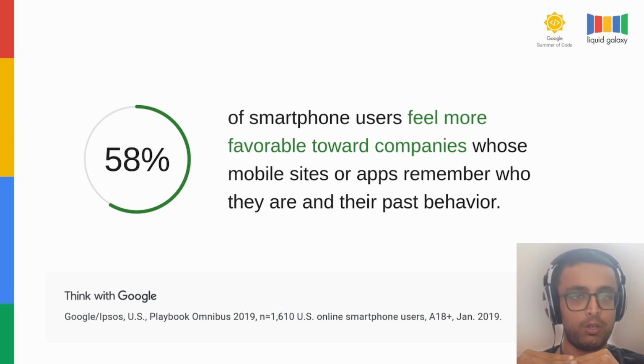And there are ways of doing it, which we are going to discuss in this slide later. But you need to know that users prefer apps that remember your choices and recommend things based on your past choices. For example, Spotify recommends new songs based on your previous choices.